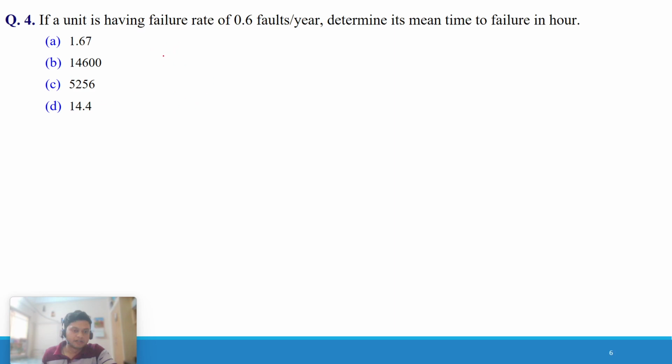So in this problem it is given that the mean failure rate, denoted as lambda, is 0.6 faults per year.